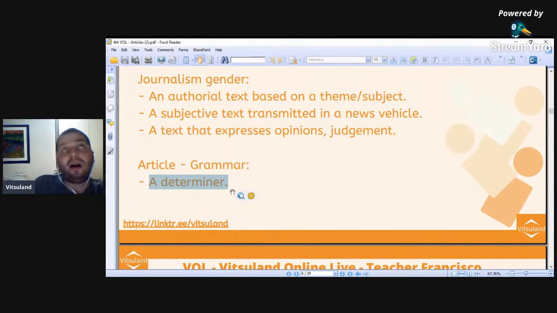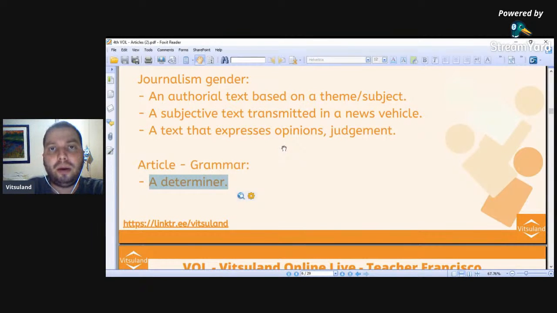An article is an important part of speech because it determines the meaning of something, a sentence or a word or a couple of words or the whole clause. It doesn't matter, but it can really change the sentence and the meaning. So it's really important to know articles.